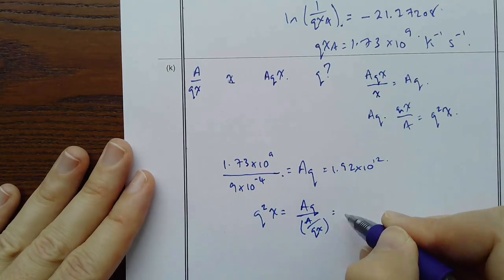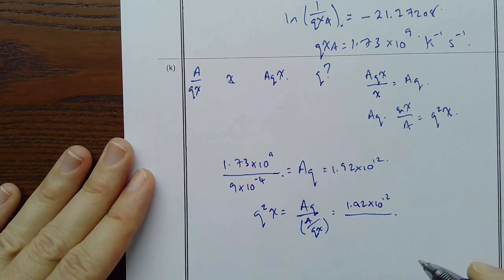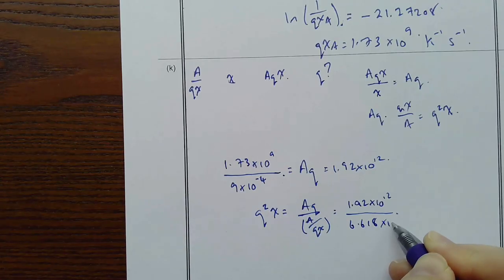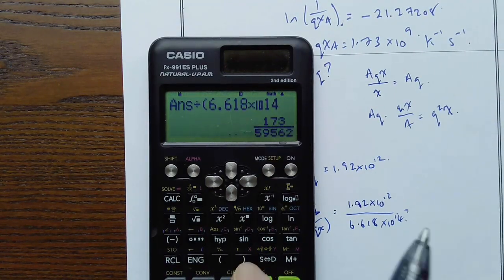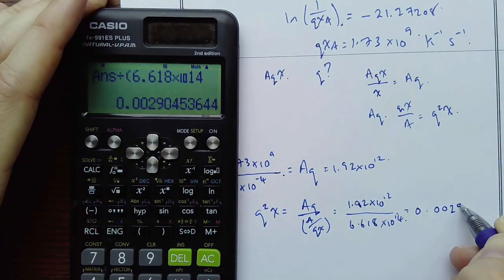So it's going to be 1.92 times 10 to the power of 12 divided by the number I was just given in the question, which is 6.618 times 10 to the power of 14. If I do that, I get 0.0029.